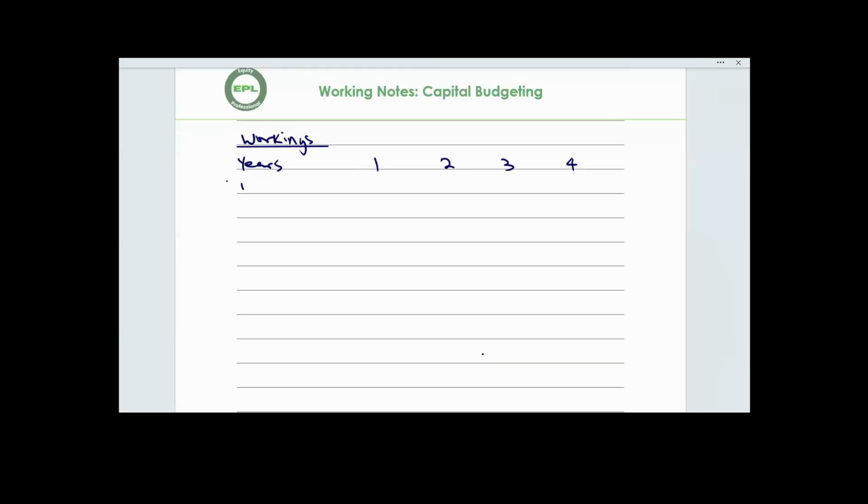So units. Give me the unit for year 1. The one is 20,000 units. Year 2, 170,000. Year 3, 125,000. Year 4, 20,000 units. So that's that.